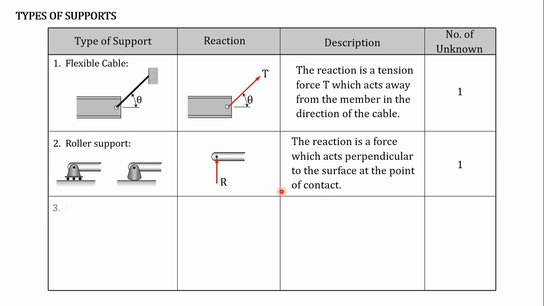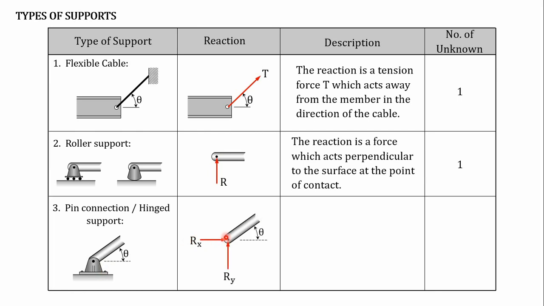Pangatlo class is may tinatawag tayo na pin connection or hinge support. Hinge support class can resist a translation with respect to horizontal and with respect to vertical. So therefore, there will be a reaction Rx and reaction Ry.